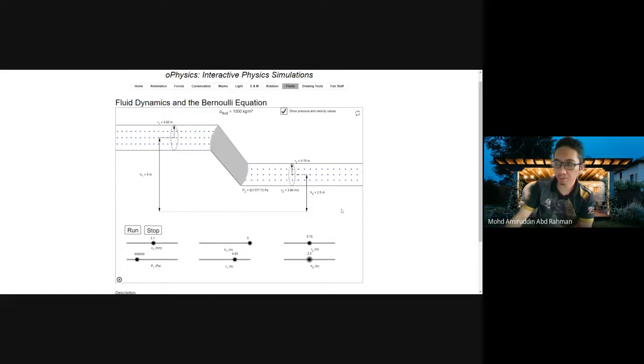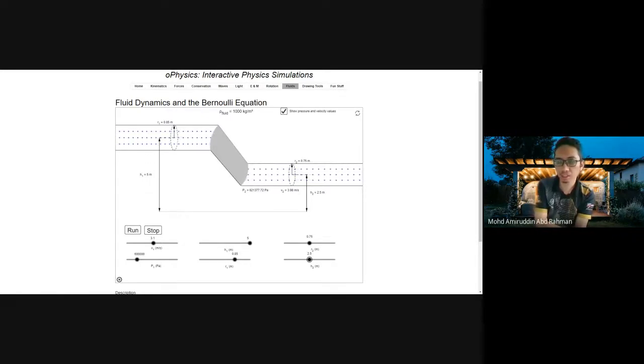Number 7: if you increase the density of the fluid used, how will it affect the pressure and velocity of the fluid in the pipe? This is the question that you need to answer out of that simulation.